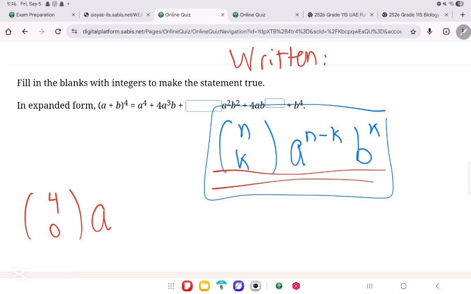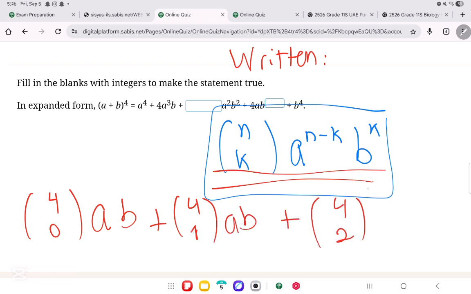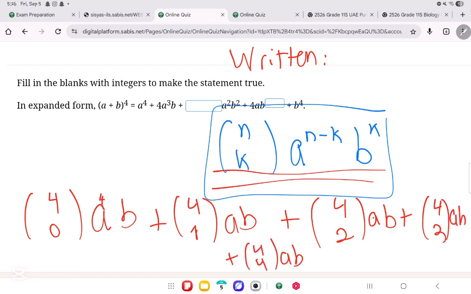Then you can start: ab plus 4, 1, ab plus 4, 2, ab plus 4, 3, ab plus 4, 4, ab. Then you go again from n and you decrease. So 4, 3, 2, 1, 0. From 0 and you increase all the way till n. So 0, 1, 2, 3, and 4.